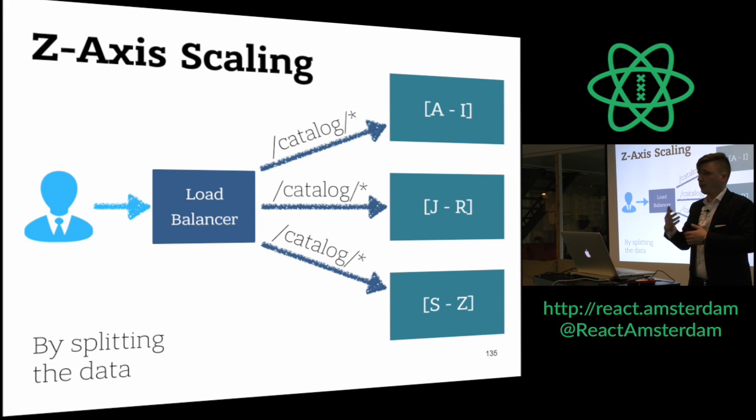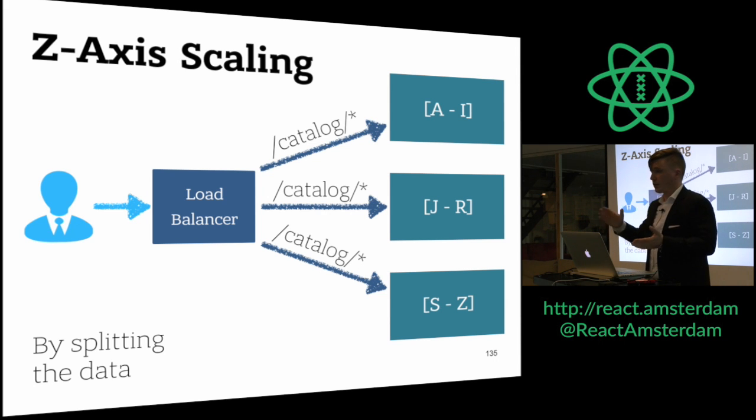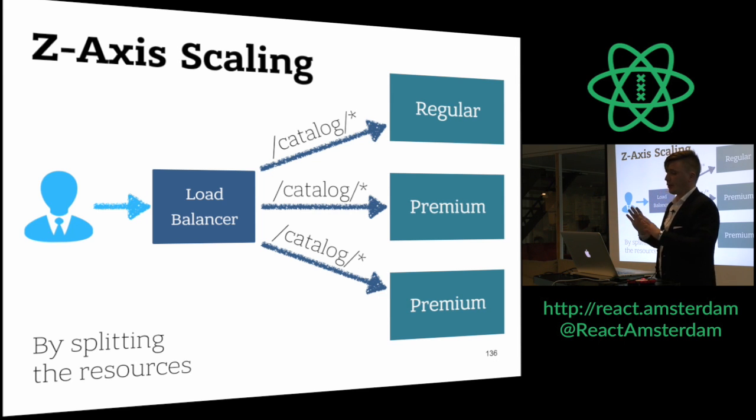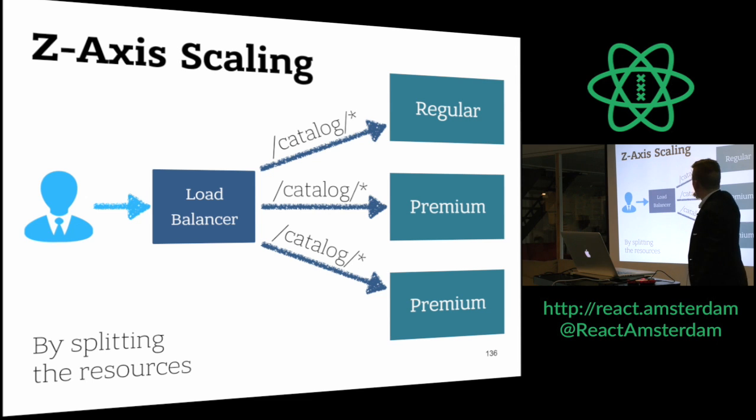If we mean user IDs, we can go from 1 to a million, from a million to 2 million, and so on. An alternative could be splitting by resource class. For example, we can use one middle server for regular users, and 2 dedicated servers for premium users. It's very good for production solutions.